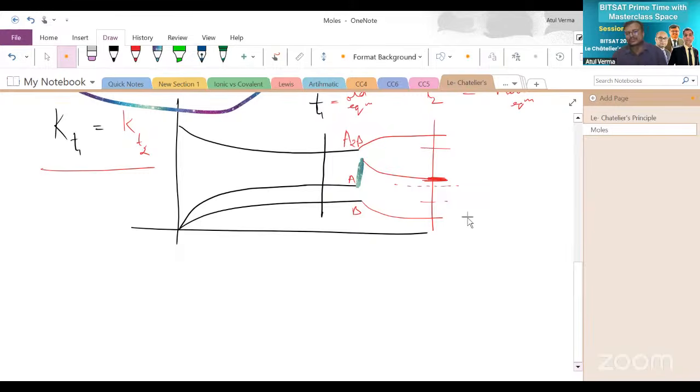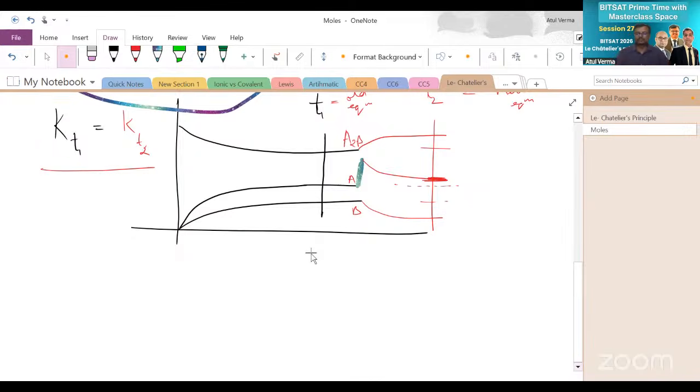But the trickiest question is what happens to the concentration of A? Many times you will feel that it will go down, maybe lower than the previous concentration. No, it won't. If you want, in the next chemistry class, I can give you a proper example with a numerical to show the values. But logically also you can establish this.